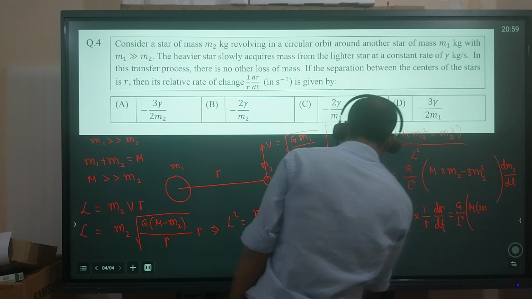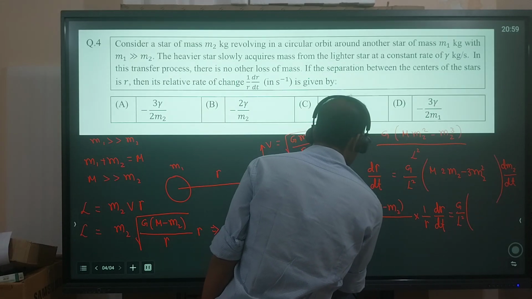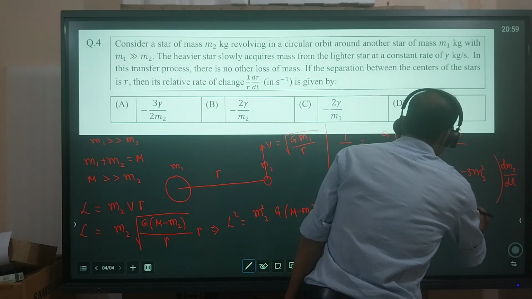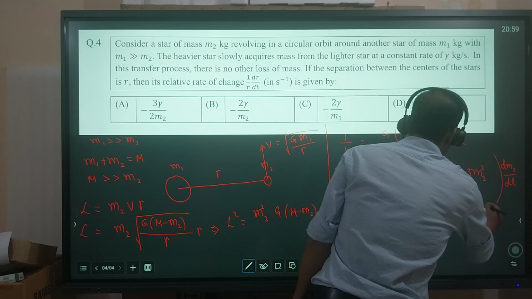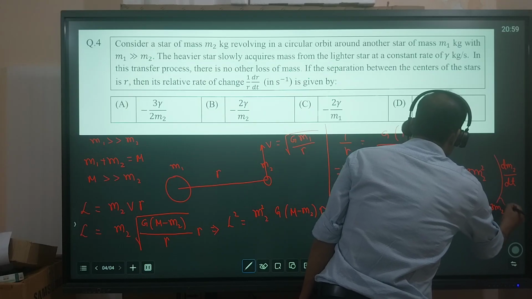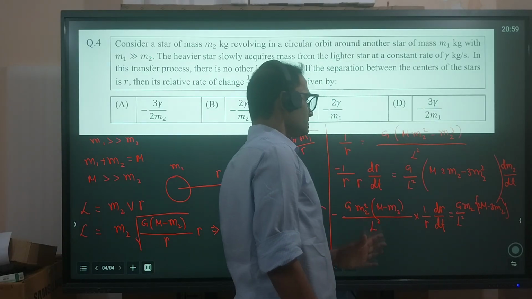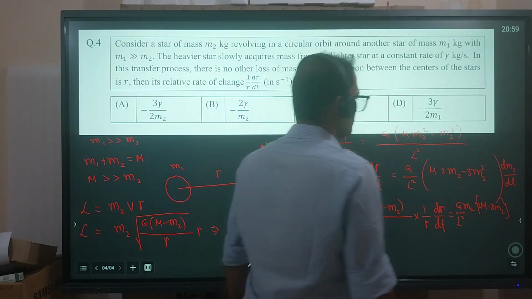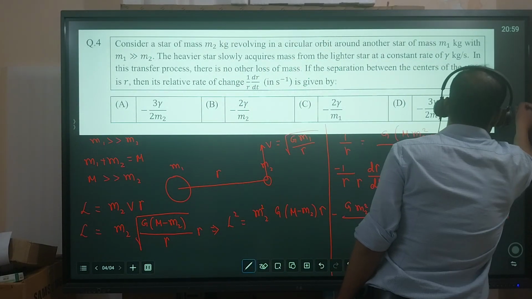Let me take M2 common. GM2, and this will be 2M minus 3M2. I have written everything, but one thing I have not written.